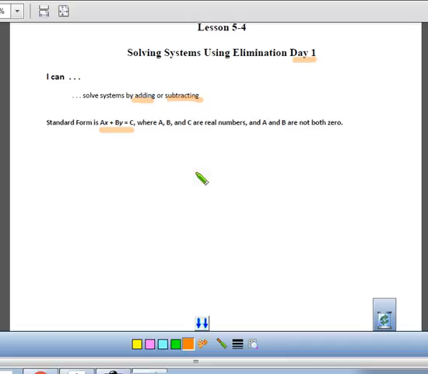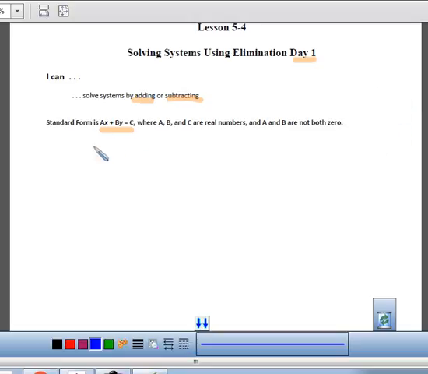So what we're talking about is an equation that looks like this: 2x plus 3y equals 10. And then if we had another equation that was negative x plus 5y equals 7.